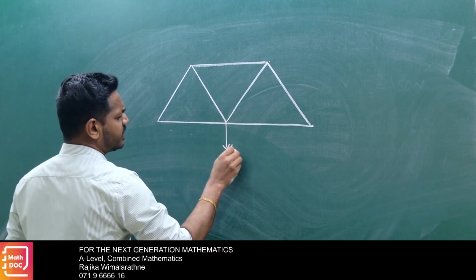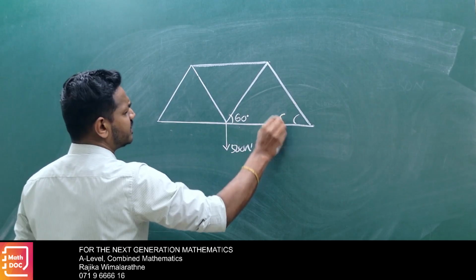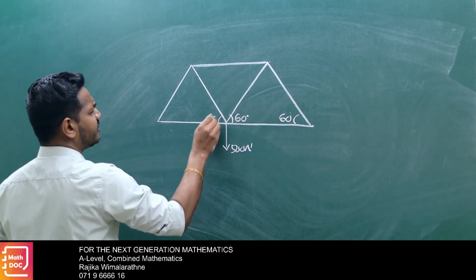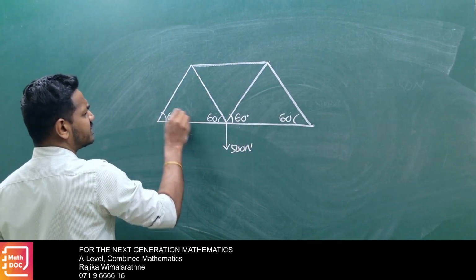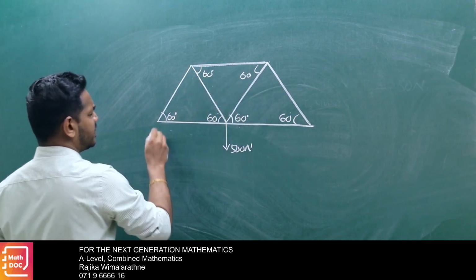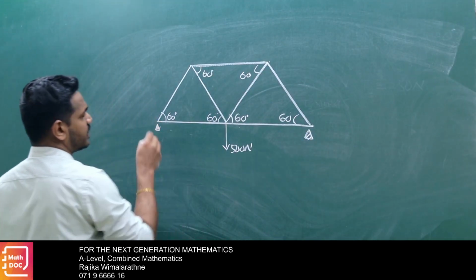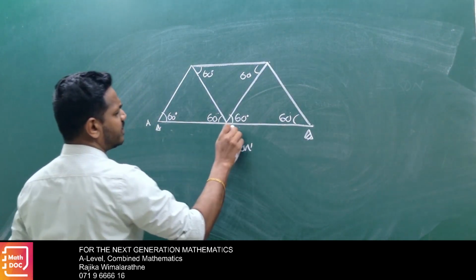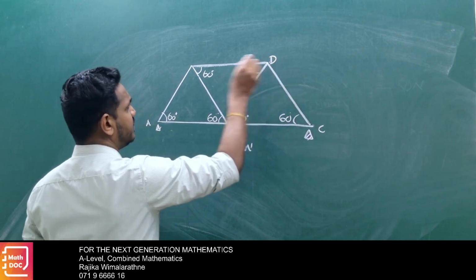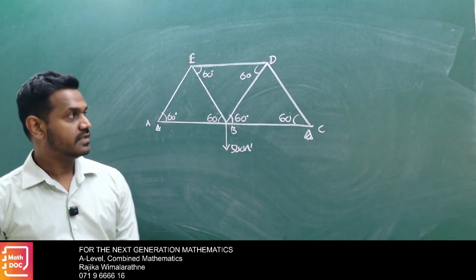Here 500 newtons, 60 degrees at each angle. Here there are two supports. Take here A, B, C, D, E. Okay, you try it. Just try.